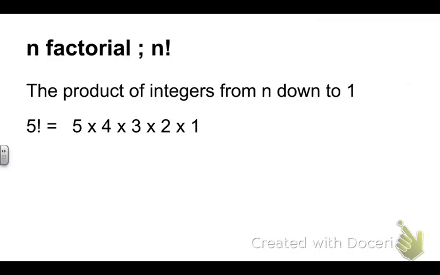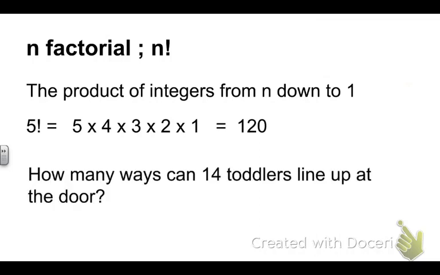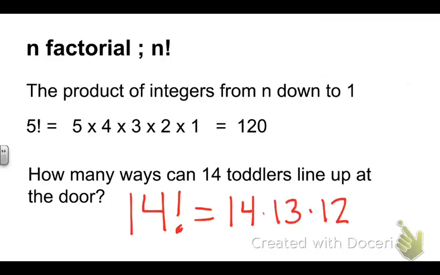Take that number and you multiply every single number that's in between that number and 1. When you multiply it up, that'd be 120. So, for example, how many ways can 14 toddlers line up at the door? It would be 14 factorial, and no, we're not going to do this, but 14 times 13 times 12, all the way down to times 1. That is n factorial.